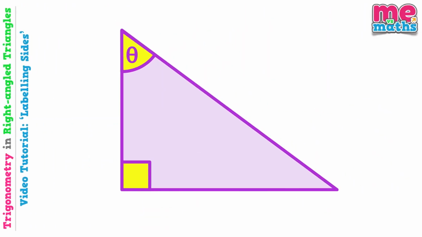Okay, we'll start with a right angled triangle, and we can see the right angle there in the bottom left hand corner, and the angle at the top has been labelled with that symbol theta. We're going to label this triangle relative to that angle theta. Always start with the hypotenuse. Remember, we said the hypotenuse is the side opposite the right angle, and the arrow shows us which side this is. It's this one here. Next, we'll label what we call the opposite.